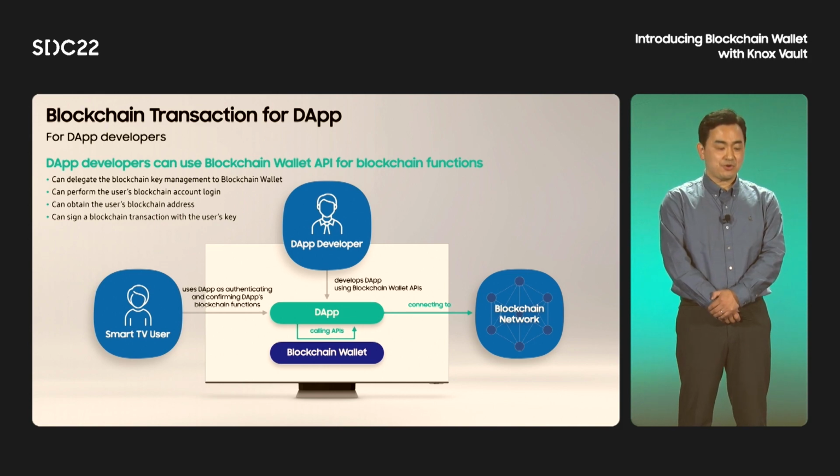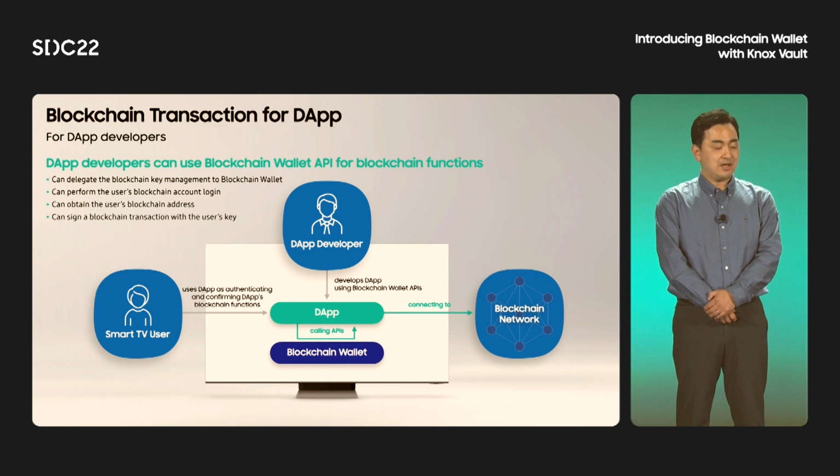So it can show the user's blockchain account information to each user. It can also sign each blockchain transaction with the user's key to be submitted to a blockchain network. Once they develop and deploy their dApp to Samsung Smart TV, our TV users can use it.